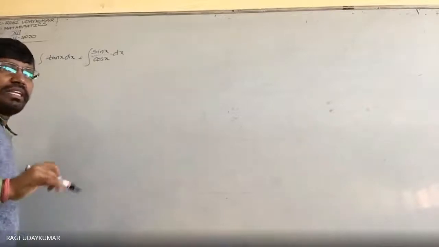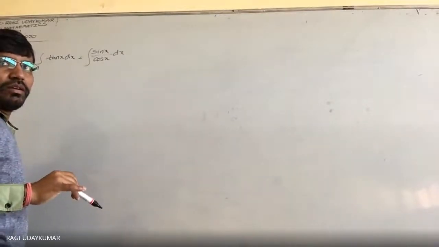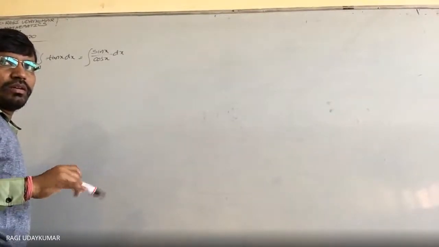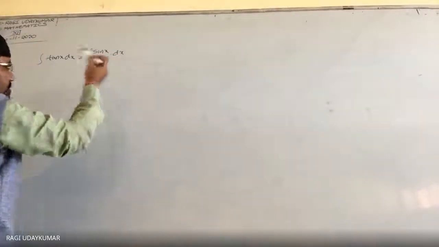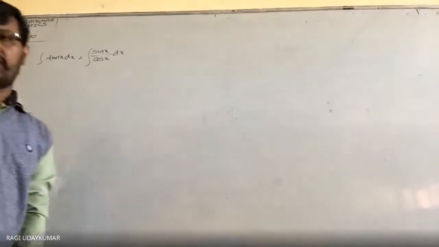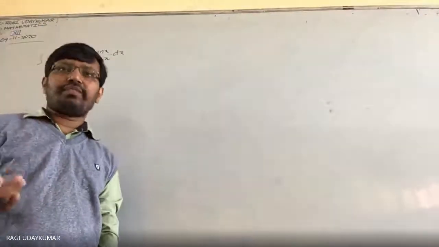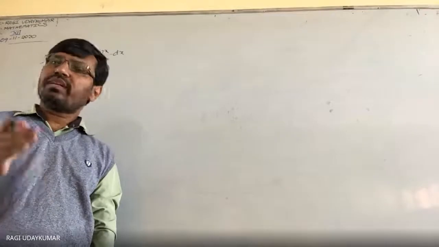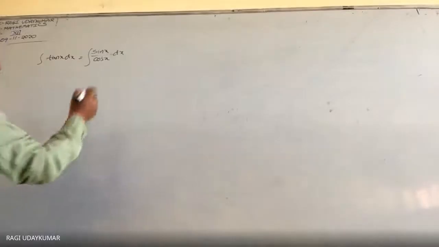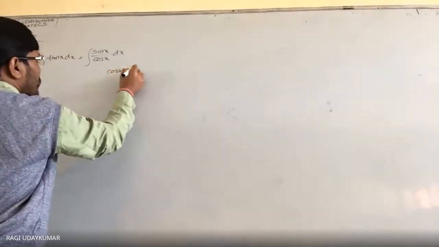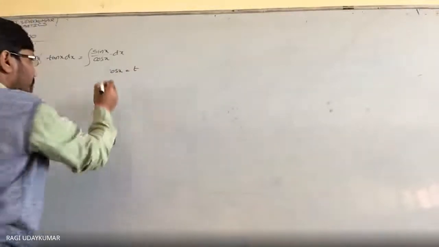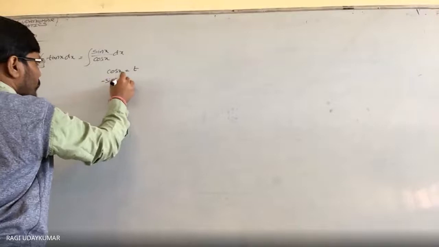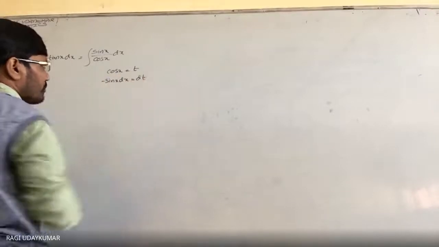If you observe, it is in the form of f dash of x by f of x. Yesterday, in the previous class, I told you about the integration of f dash of x by f of x. So let us consider cos x is equal to t. Differentiating cos x with respect to x, minus sin x dx is equal to dt.